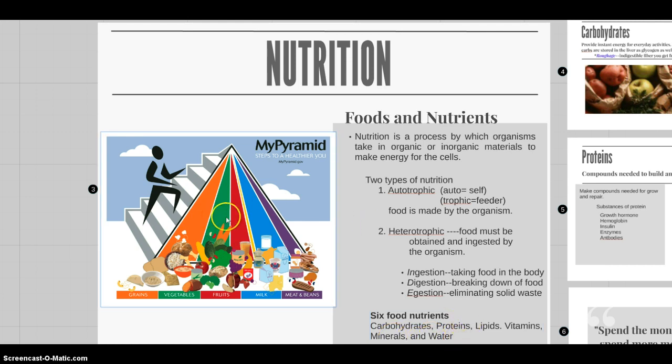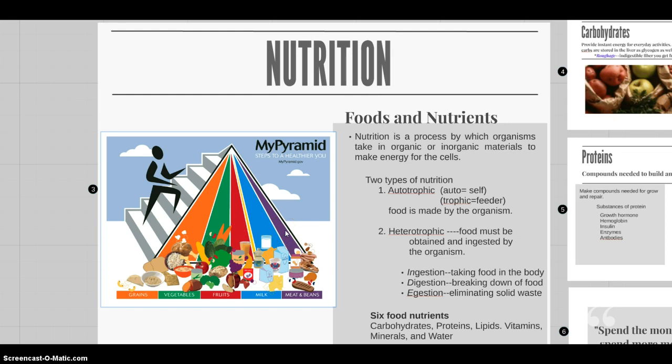Now, if you look to the left, you will see my pyramid. You will see different colored stripes. Some are wider than others. You're supposed to eat more of the wider stripes, like the orange, the green, the red, the blue.